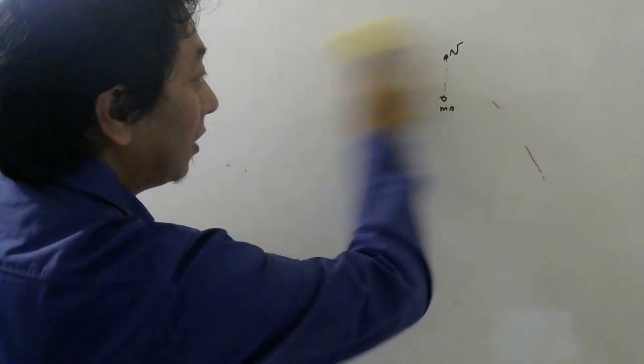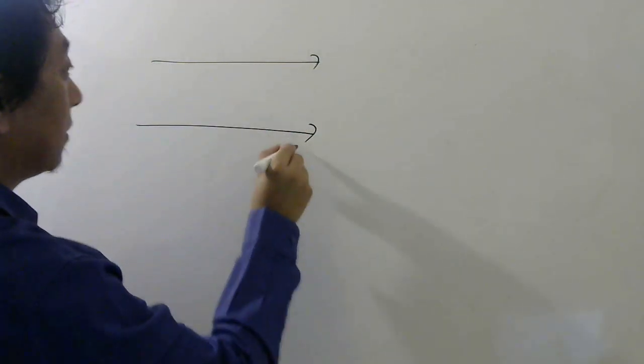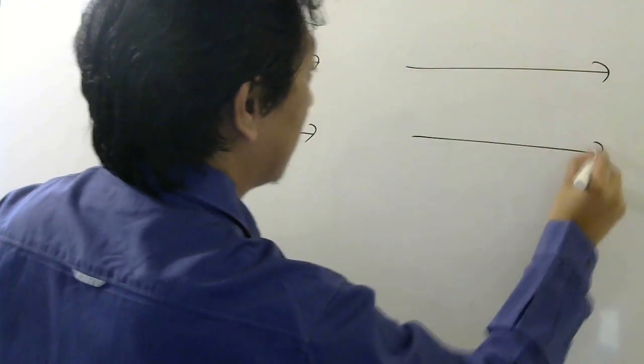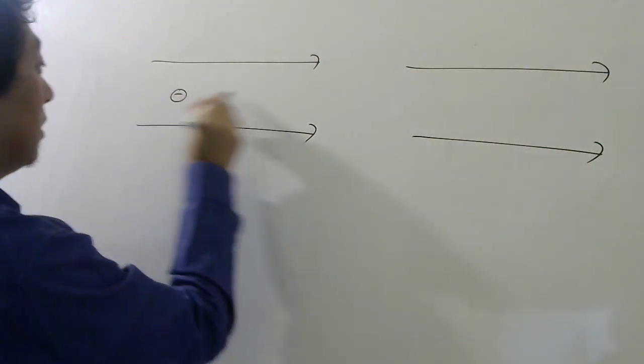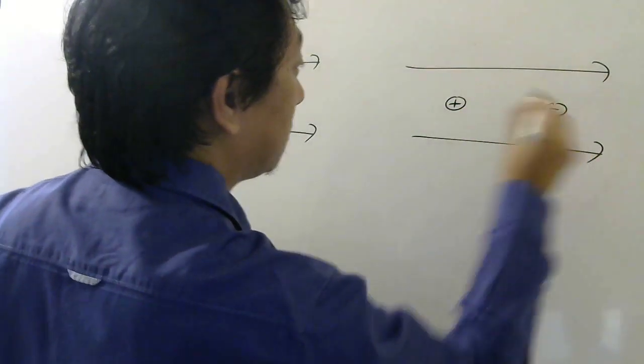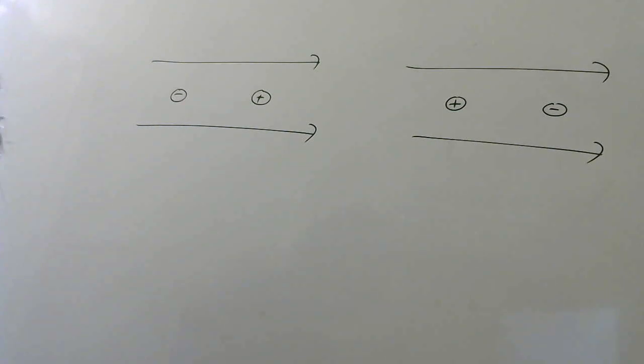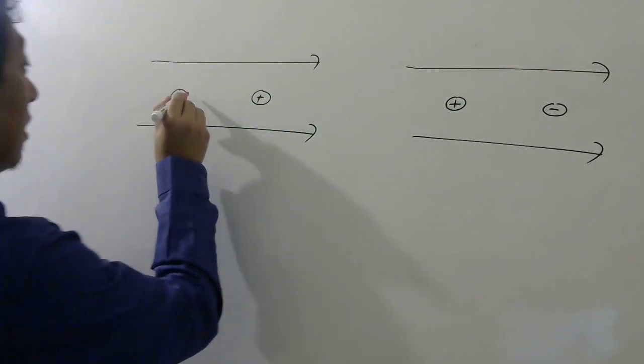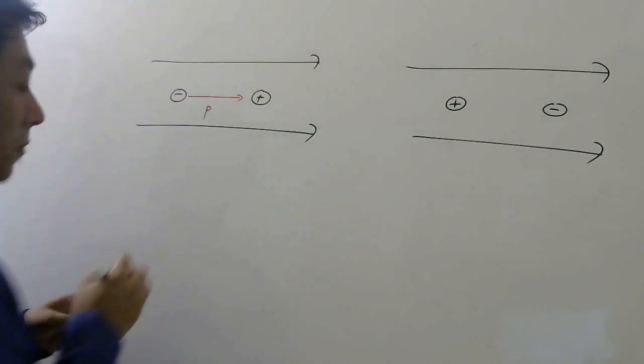Now you go back to the dipole in an electric field situation which I told. So this is your uniform electric field. Let me draw two diagrams. In this case, your dipole is this way. In this case, your dipole is this way. Where is the dipole moment? In this direction, from minus q to plus q.